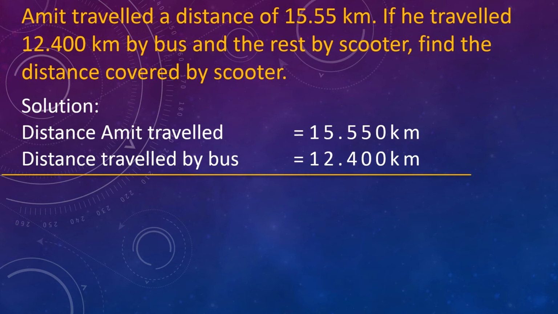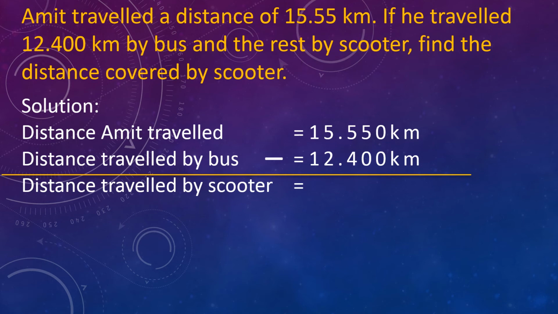Now we draw a line so our answer can go below it and write a minus sign on the left to show that we are doing subtraction. See, the decimal point should come one below the other in place value columns and convert both the decimal numbers into like decimals. So the third statement is distance travelled by scooter is equal to, as usual we start our subtraction from the right and everyone knows how we will do the subtraction.